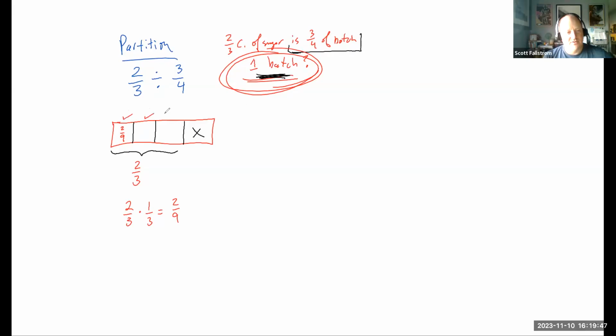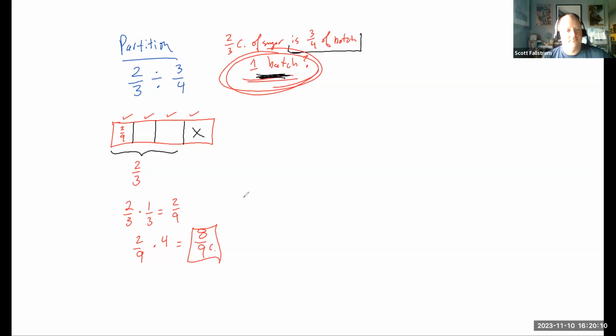I can see 1, 2, 3, 4 whole boxes. So I take my 2/9 and I say, just give me 4 of those. And I end with 8/9. So my final answer is 8/9. So one whole batch would be 8/9 cup of sugar.